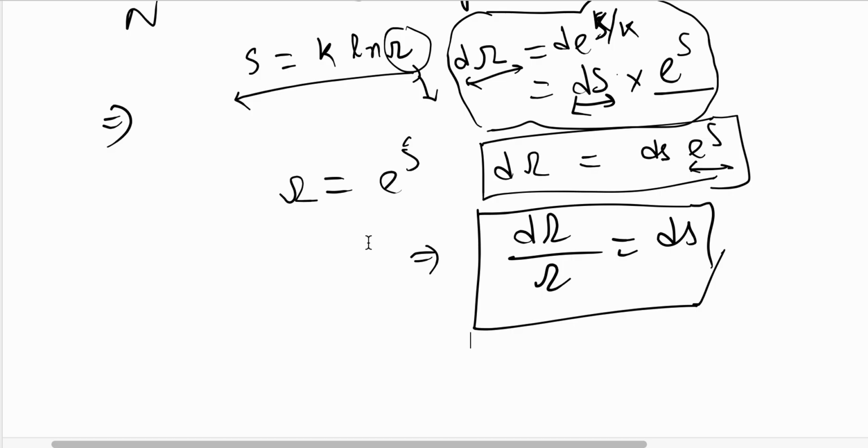The microstate is varying here, right? So d omega is the change in microstates. So you can either work with entropy or work with microstates, whichever is convenient.